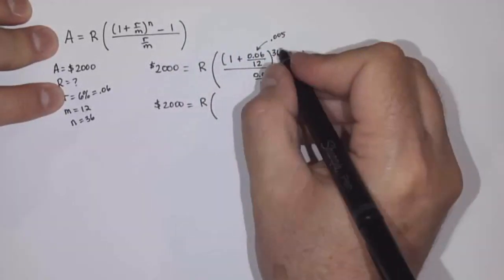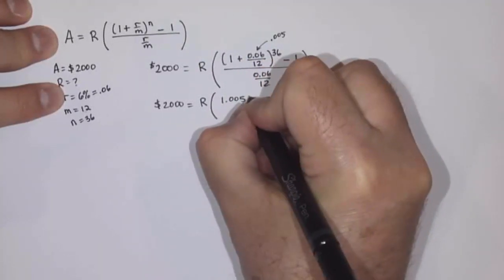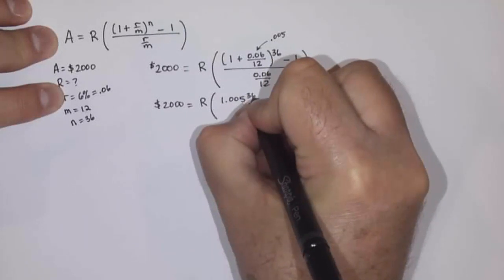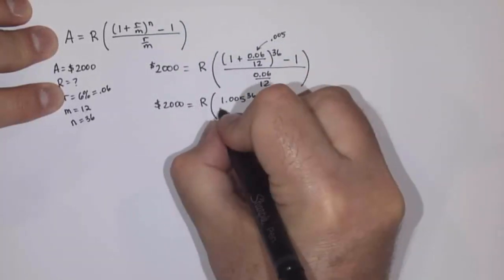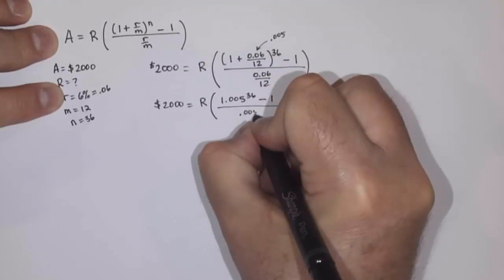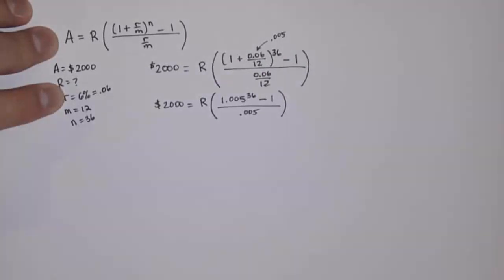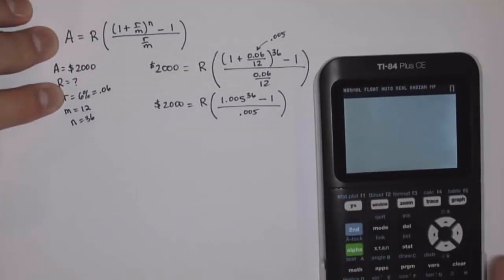So we have 1 plus 0.005, so that's 1.005, and that's being raised to the 36th power, minus 1, over 0.005. So I'm going to figure out what that is, and then we'll solve.